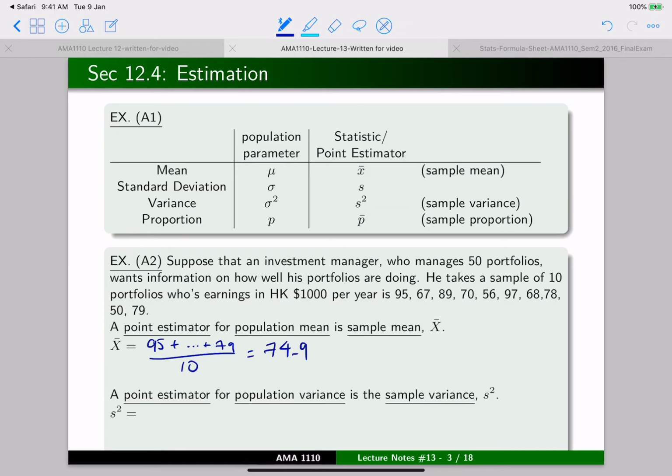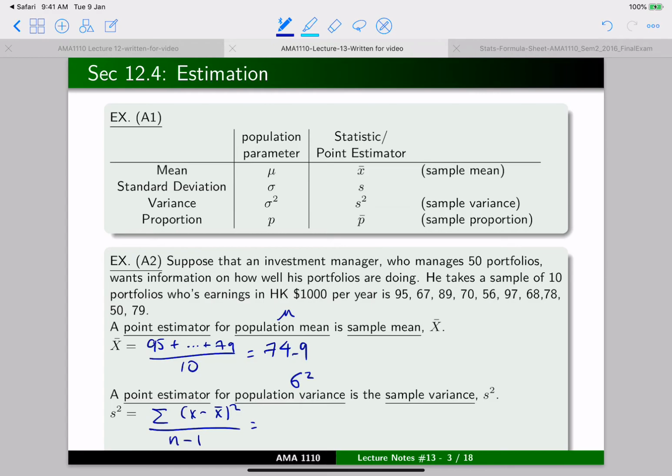The point estimator for the population variance, sigma squared, is the sample variance. So it's the sum of x minus x bar squared, all divided by n minus 1.